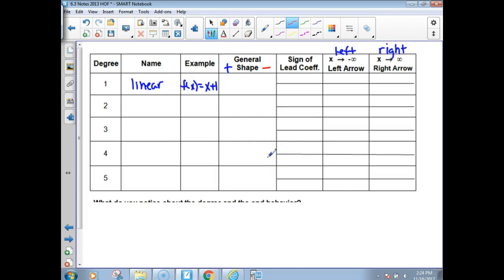Okay, so I'm going to draw 2 little graphs in here for every problem. Okay, so the general shape, if your slope is positive, how's the line go? Right, goes uphill. So that's the general shape for a positive slope. For a negative slope, it's downhill.